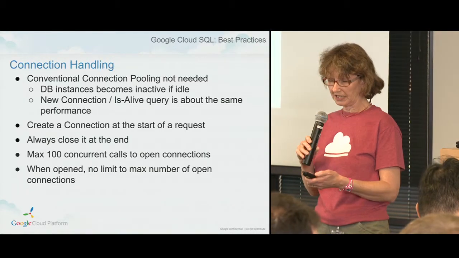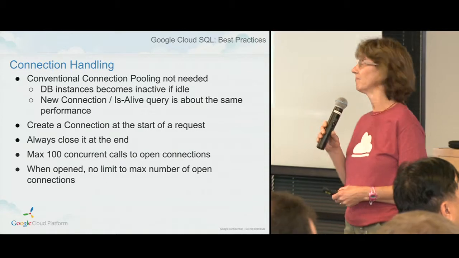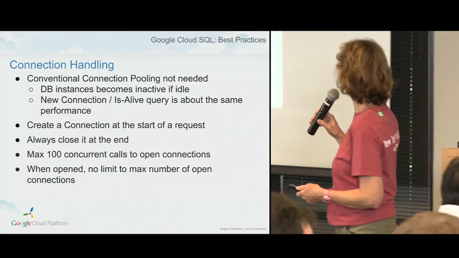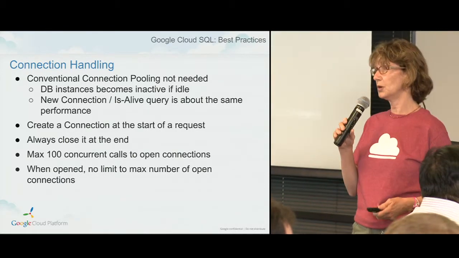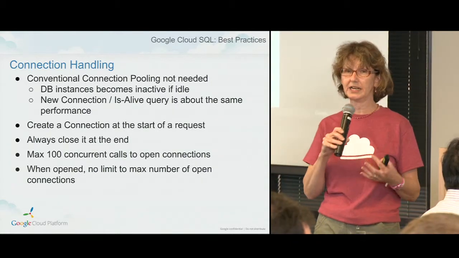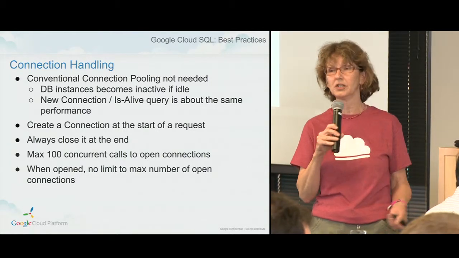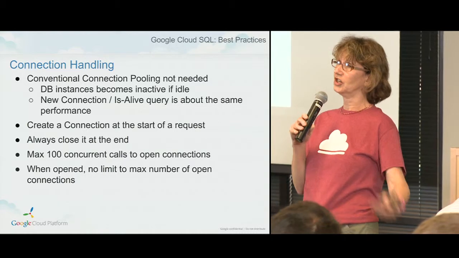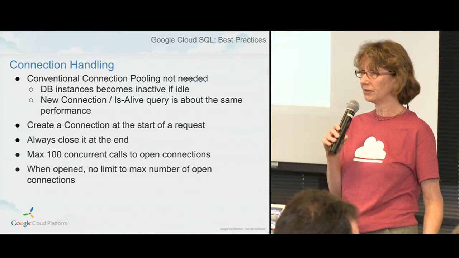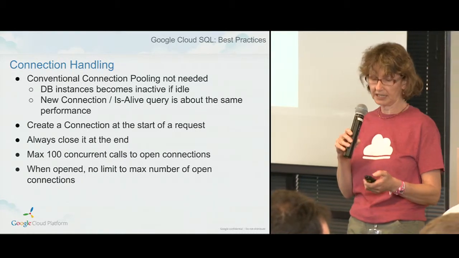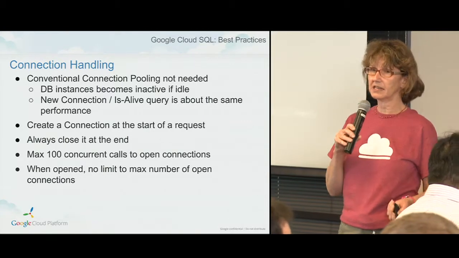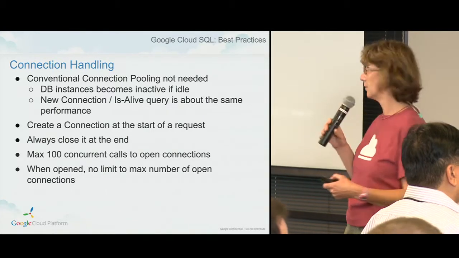Okay. So connection handling. You don't need the conventional connection pooling. Part of it is that when your instances are idle, they go down. So if you have a connection to an instance and it goes down, then that connection will be blocking. So it's much better to create the connection when you need it, close it when you're done with it.